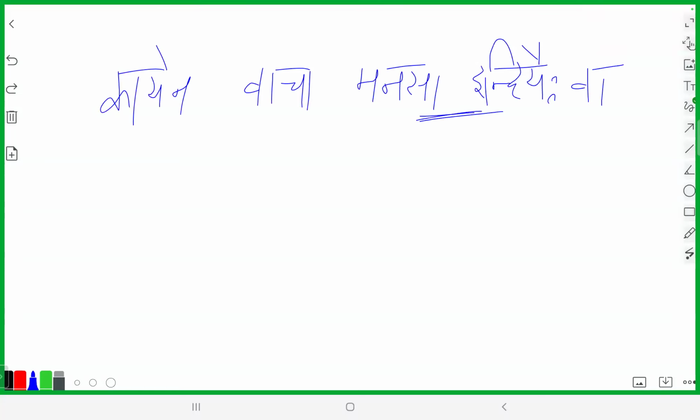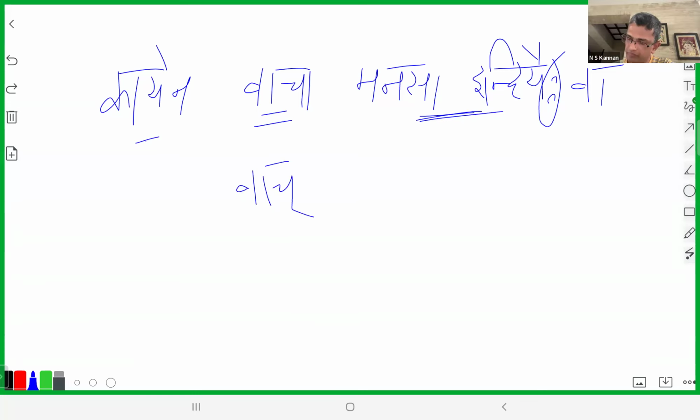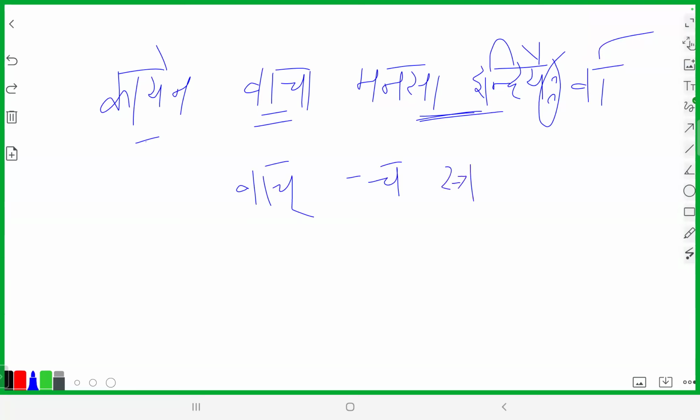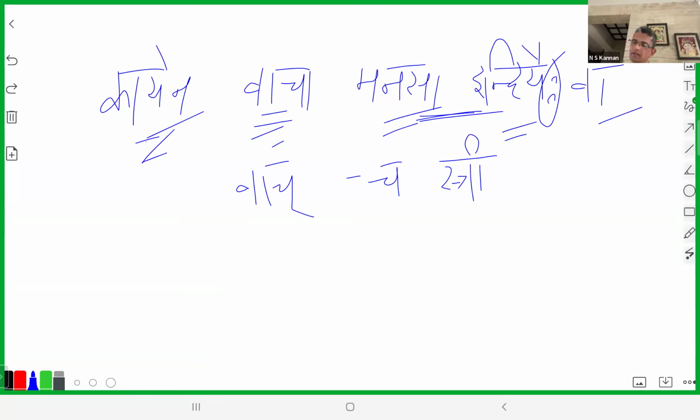What sandhi is this? All are tritiya vibhakti words. Kayena, vacha, pratipadikam vach, a chakaranta trilinga word meaning speech. Kayena, vacha, manasa, indriyairva. Very nice.